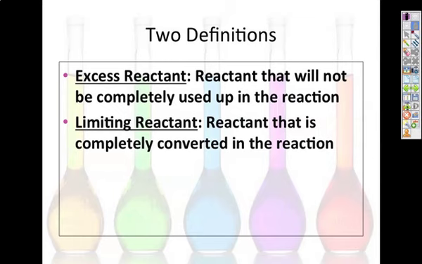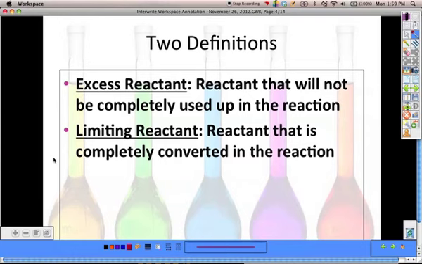It's going to be leftover stuff at the end. The limiting reactant is the reactant that is completely converted in the reaction. The reason we call it limiting is because it limits the amount of product we can get.